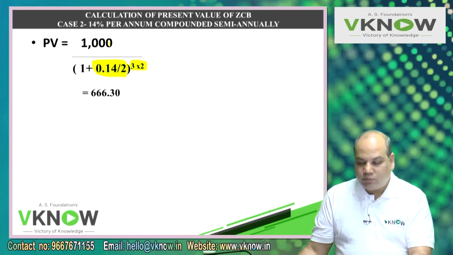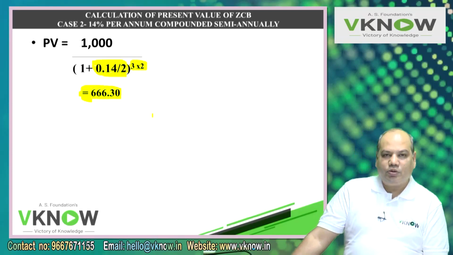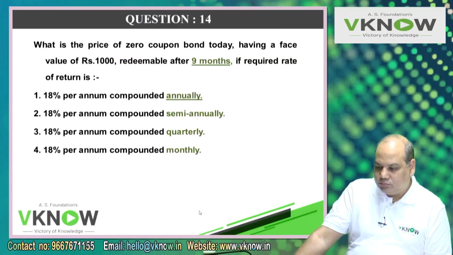So take on your calculator 1000 divide by 1.07, press equal to 6 times, and that is 666.30. Got it?